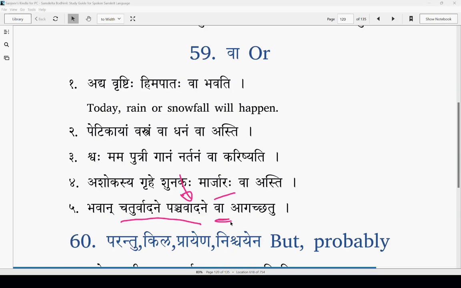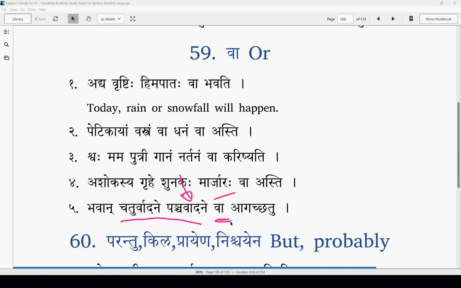What would happen if there were multiple ands, for example, Chaturvadane and Panchavadane and so on? Even with cha, they are not actually invalid. We just don't find so many usages commonly like that.